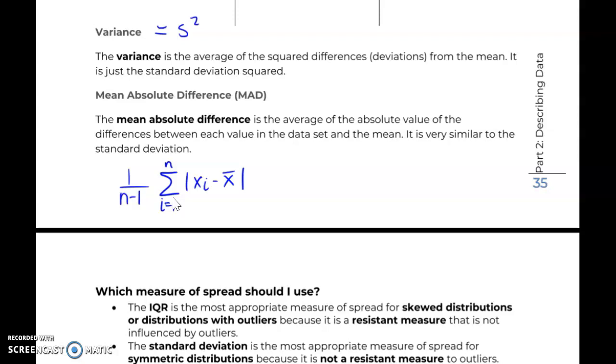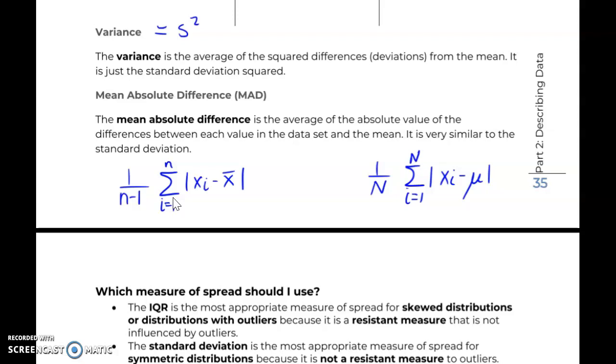And similarly, if we have a population, we would divide by n instead of dividing by n minus 1, where capital N stands for our population size, lowercase n stands for our sample size. And everything else over here is the same, but this time we're subtracting the population mean. And that is our formula for the mean absolute difference.